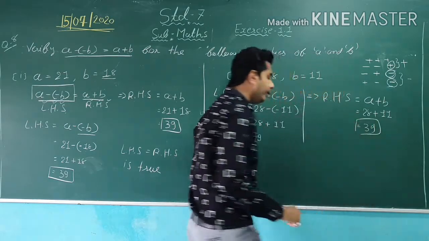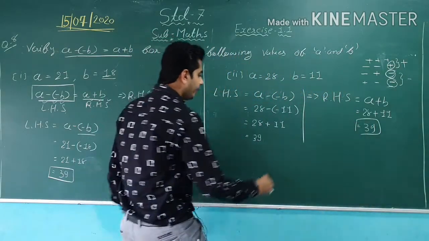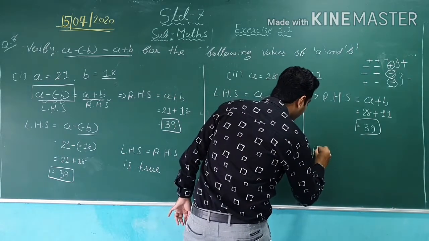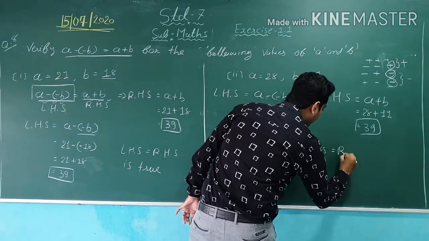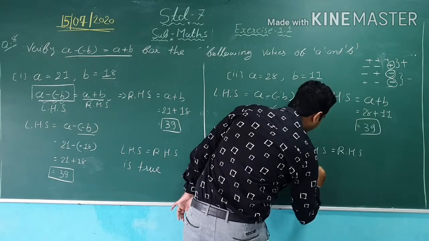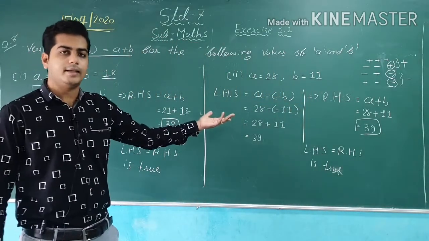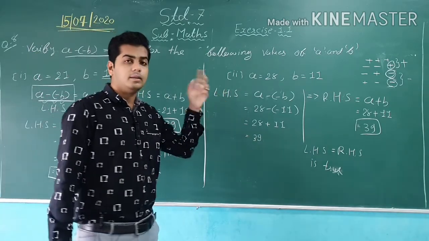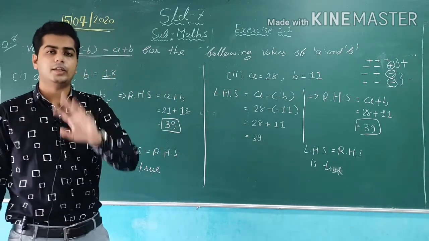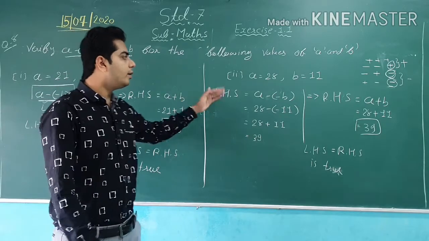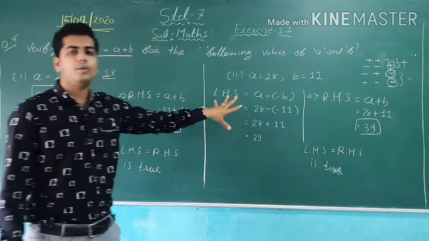So here you can say that left hand side is equal to right hand side is true. Easy है, ऐसा ही you have to do. The two sums given in your textbook are your homework, you have to practice by yourself. So this is how you can do this.